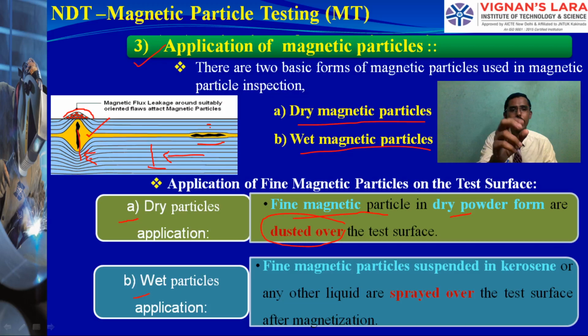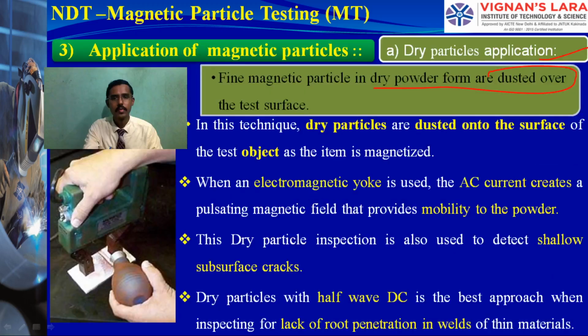See, it is given as dry particle application. Fine magnetic particles in dry form are dusted over the test surfaces. In this technique, dry particles are dusted onto the surface of the test object as it is magnetized. After magnetizing, we just pour over. You see in this image, we are using an air-pushing type of applicator to force the magnetic particles to spray over the surfaces.